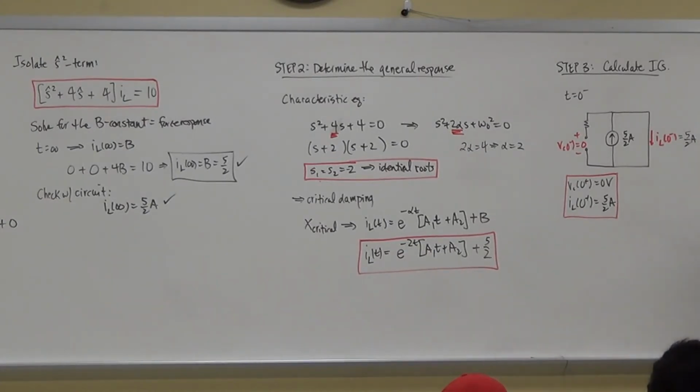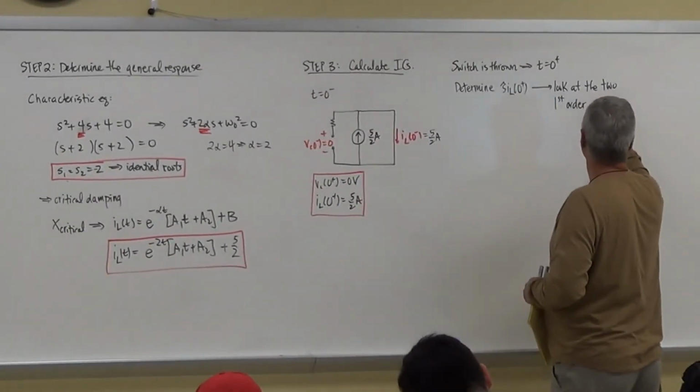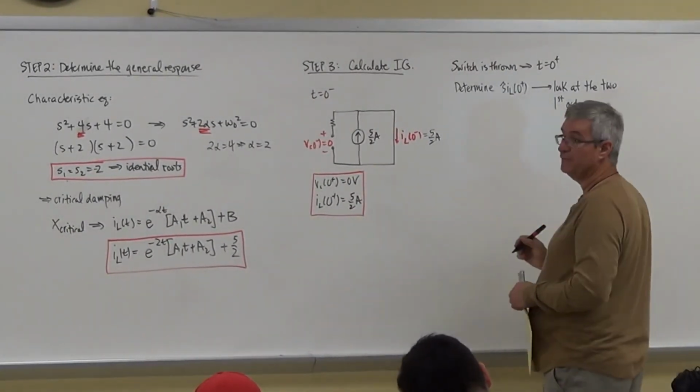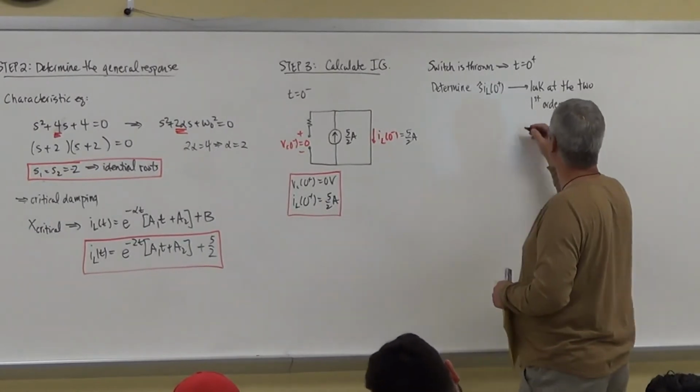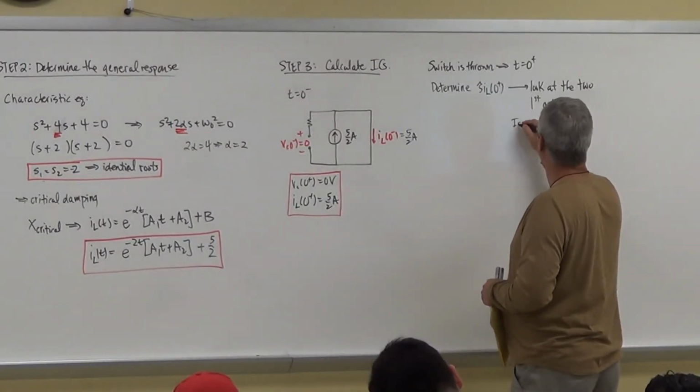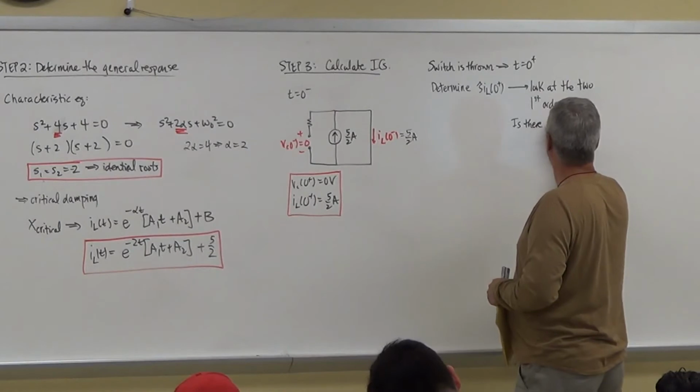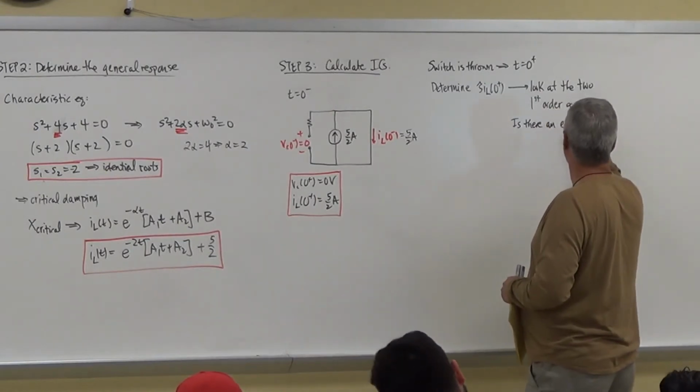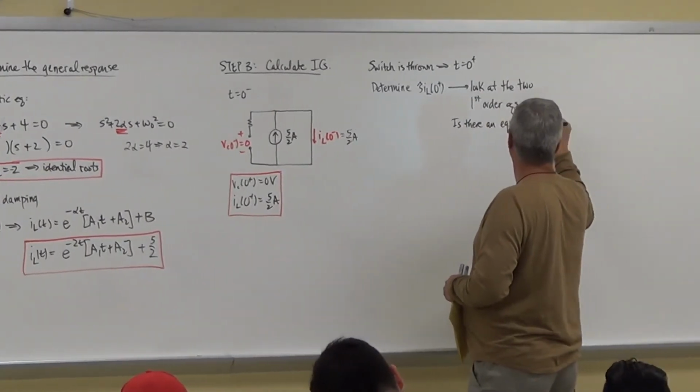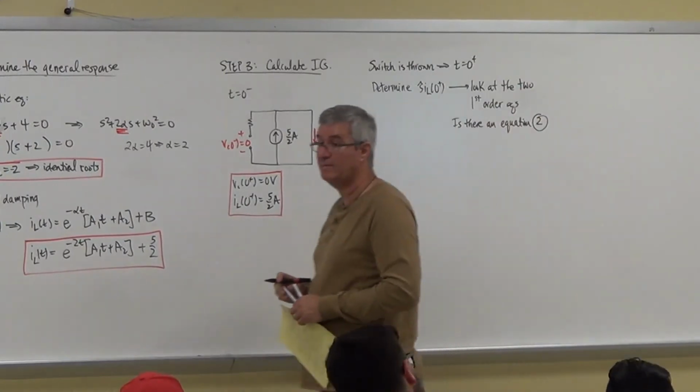How do I do that? What I do now is look at the 2 first order equations. The first thing that I look for is whether there is an equation 2. So I'm going to come all the way back here.